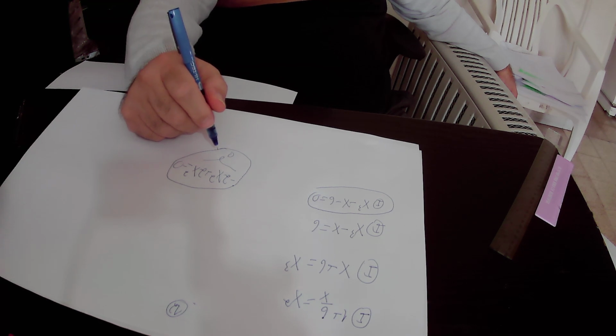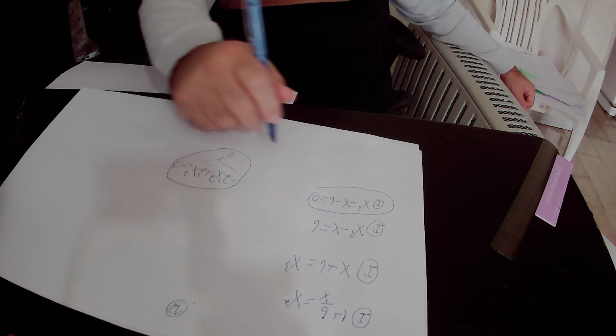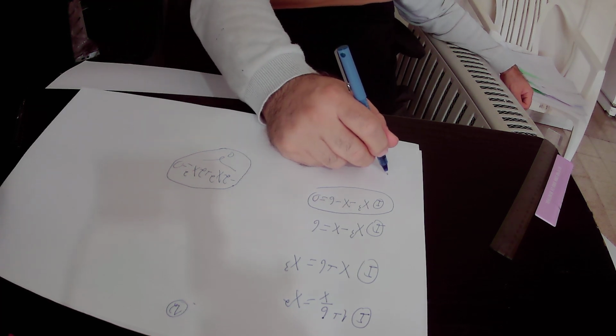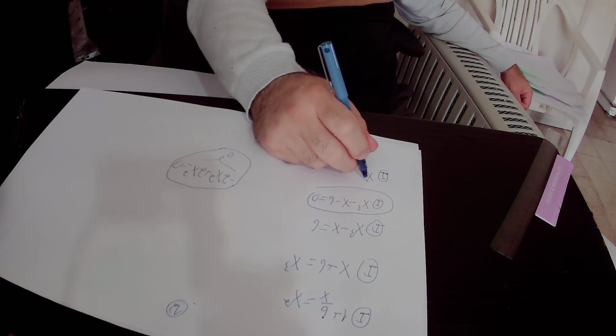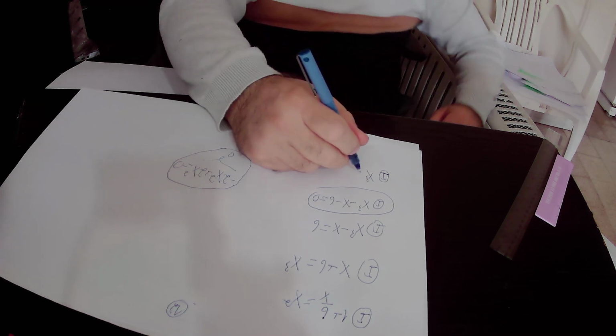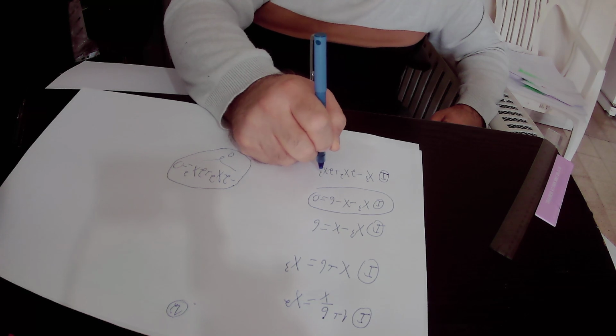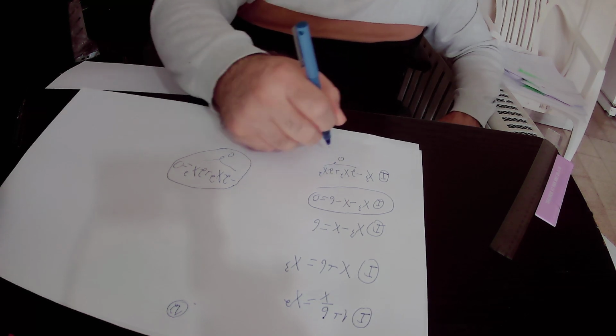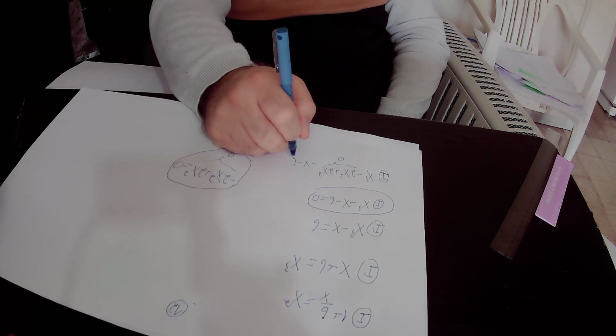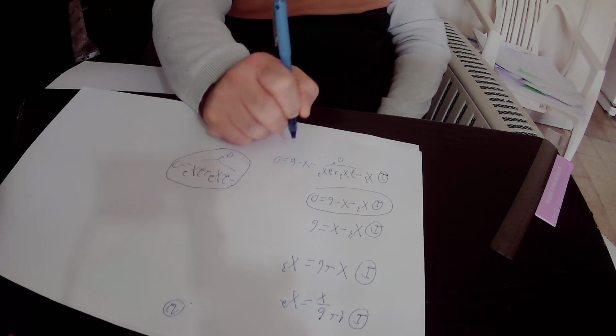So we change nothing because it is allowable to add 0 to any equation. So we will add to equation number 1 minus 2x squared plus 2x squared, that equals 0, and we will get that x cubed minus 2x squared plus 2x squared, that is 0, minus x minus 6 equals 0.